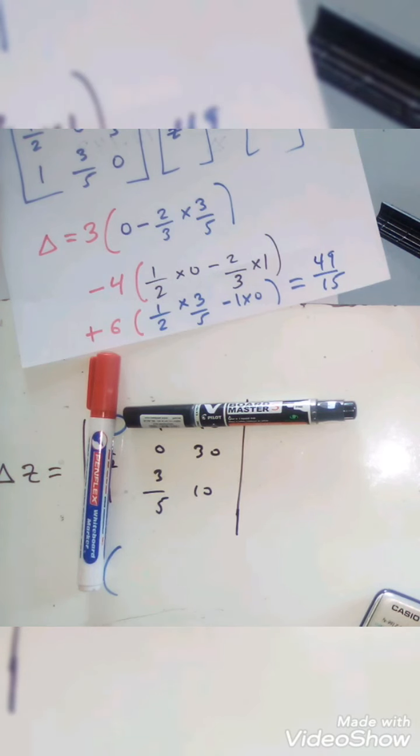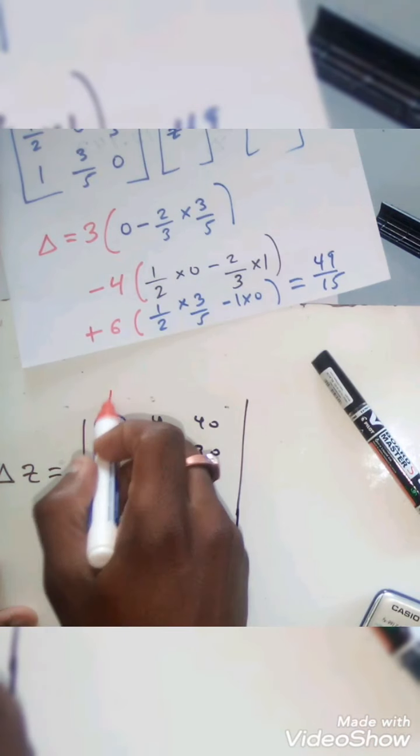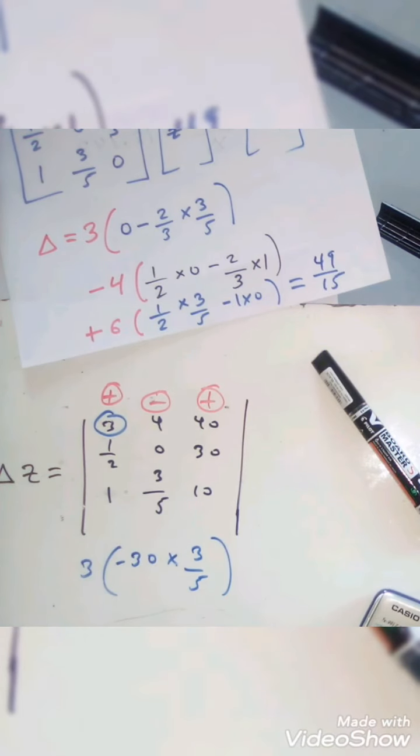So I'm going to cancel them. So I have 0 times 10, which is 0, 30 minus 30 times 3 over 5. And then remember, this is plus minus plus minus. So this is plus minus plus, like that.